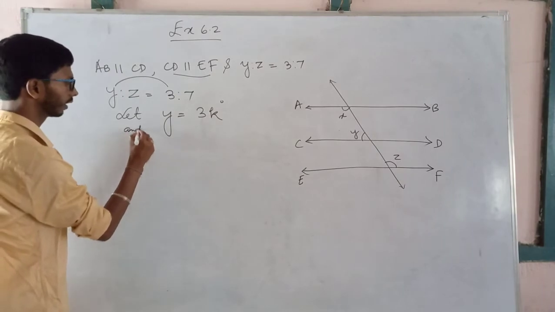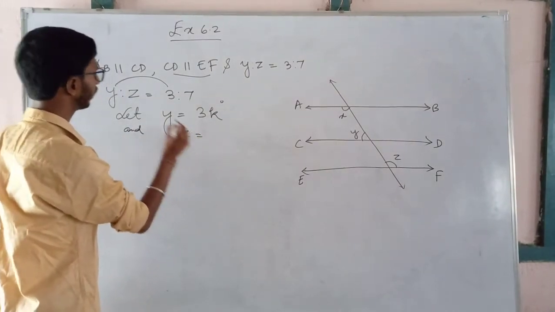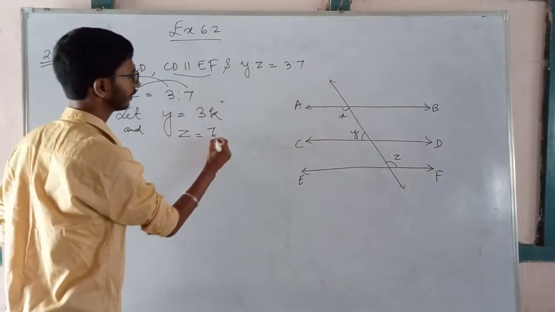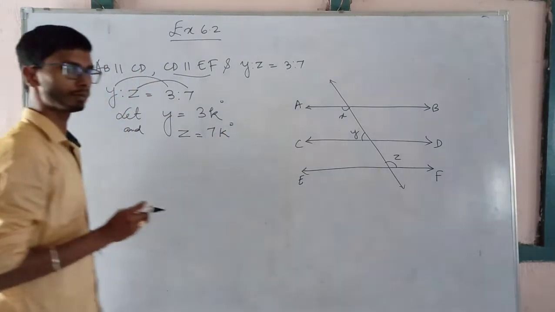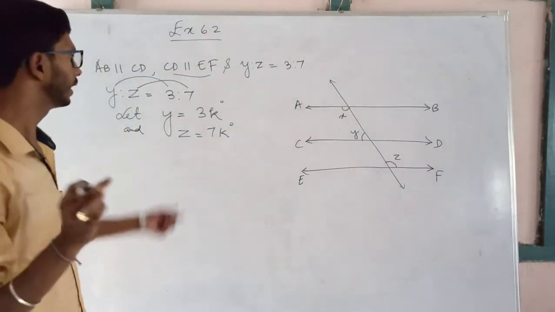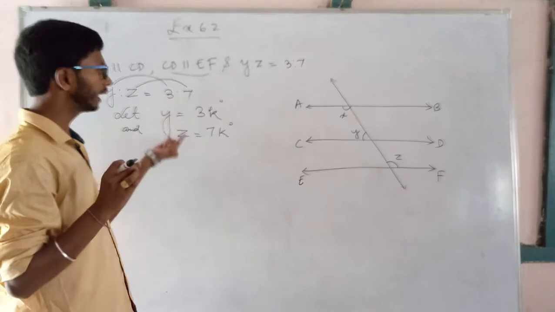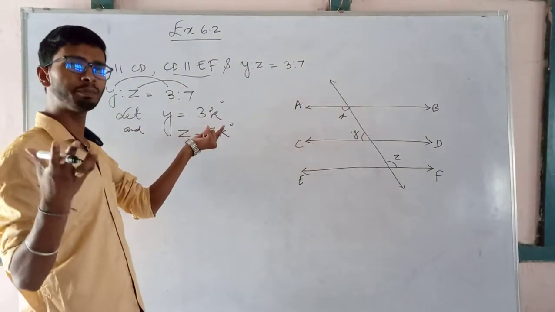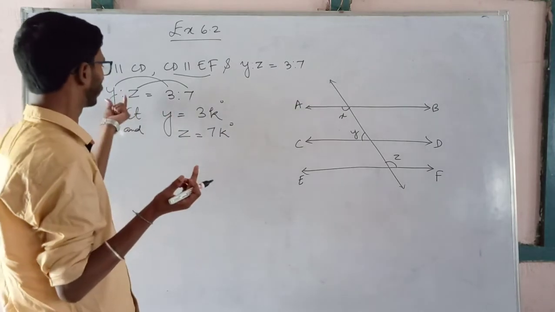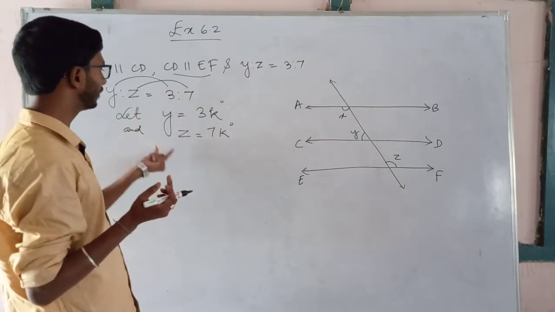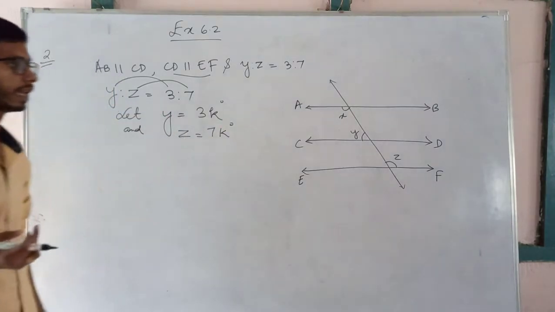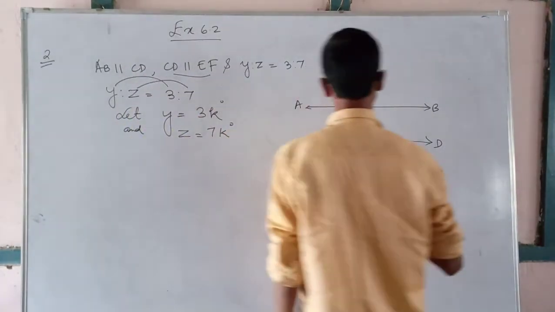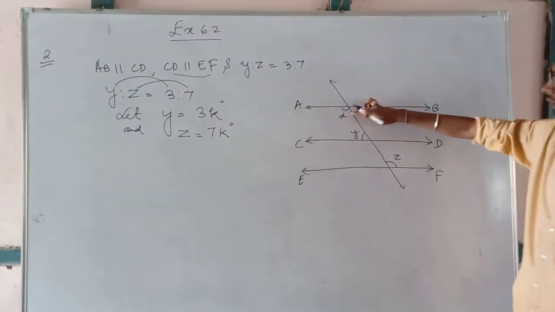And z equal to 7k degree. Remember, whenever you get any angles in the form of ratio, take in this manner. Let y equal to 3k or 3p, anything you can take. So y equal to 3k and z equal to 7k. Now we have to find the value of x.